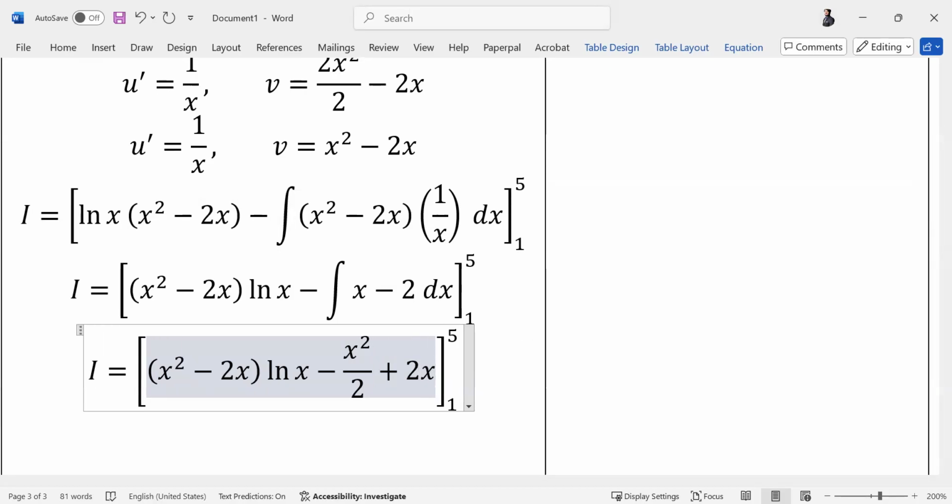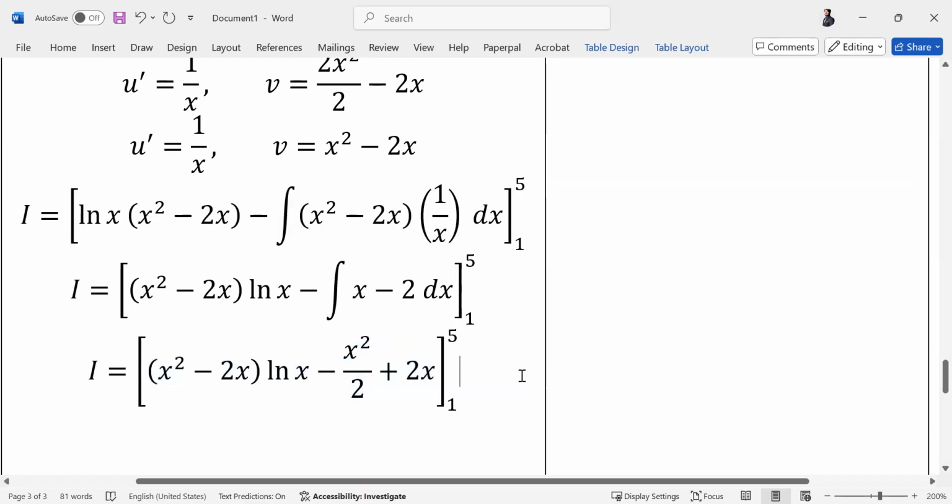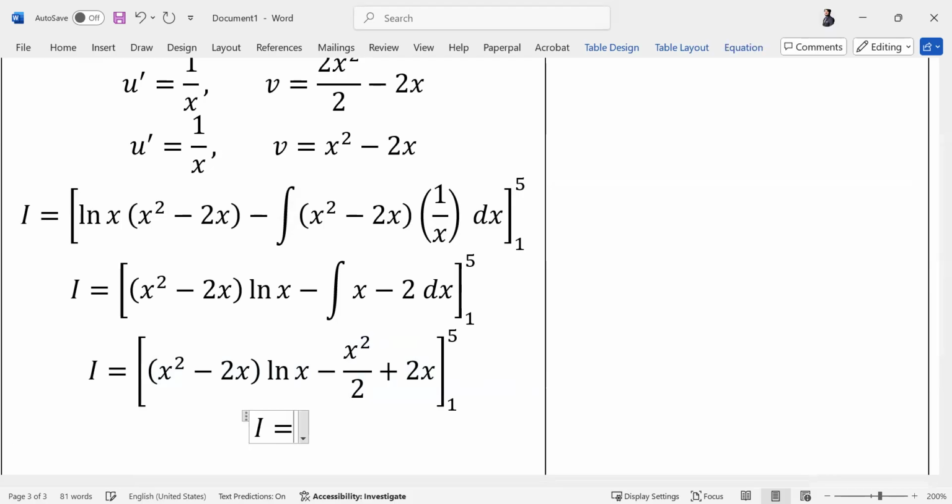So be clear about the signs, be clear about the part that needs to be integrated. Do not just rush into things. Do one thing at a time. Now you can simply plug in the values. First when you plug in 5, what do you get?